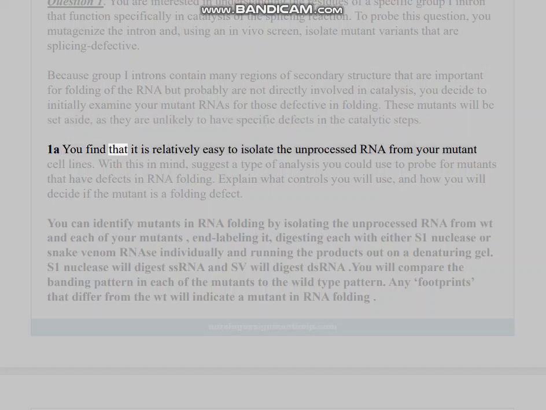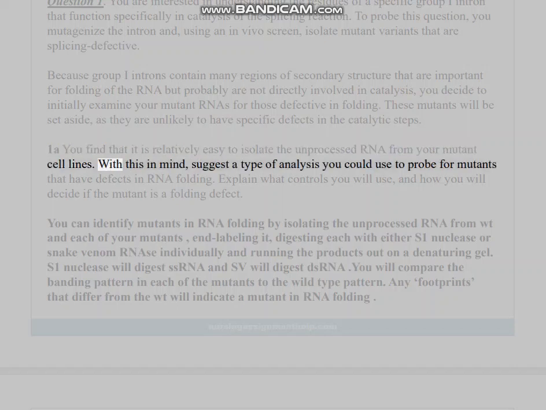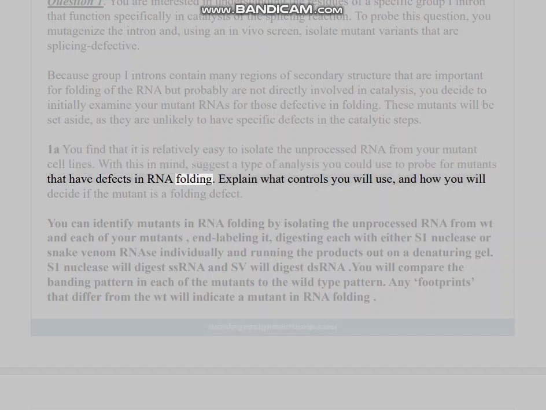1a. You find that it is relatively easy to isolate the unprocessed RNA from your mutant cell lines. With this in mind, suggest a type of analysis you could use to probe for mutants that have defects in RNA folding. Explain what controls you will use, and how you will decide if the mutant is a folding defect.